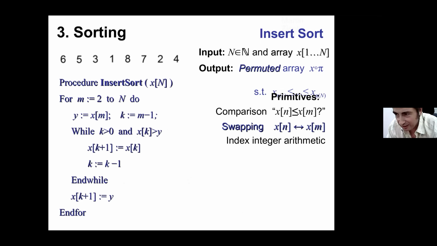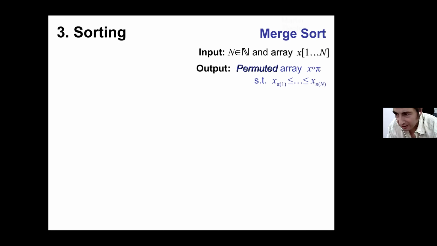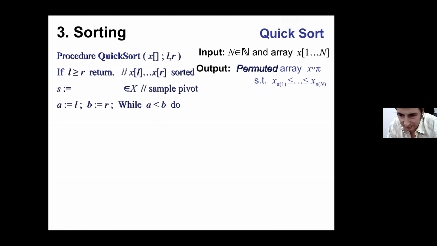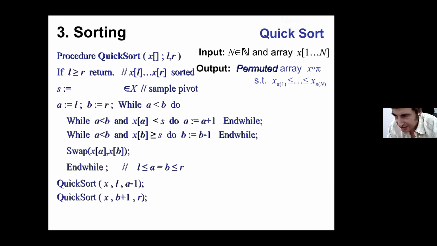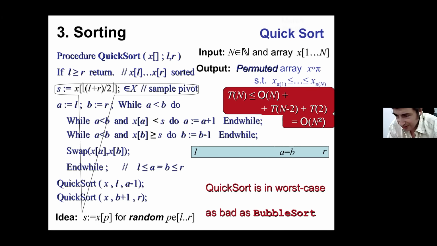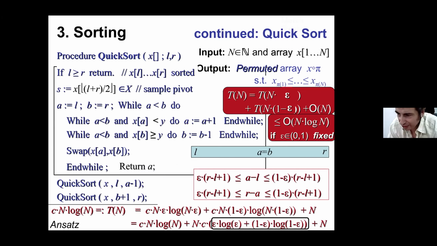Let me now discuss two other important concepts at the end of the section, and we try to finish this today. The summary of this story is that QuickSort is very bad, but we have found a way to fix it.